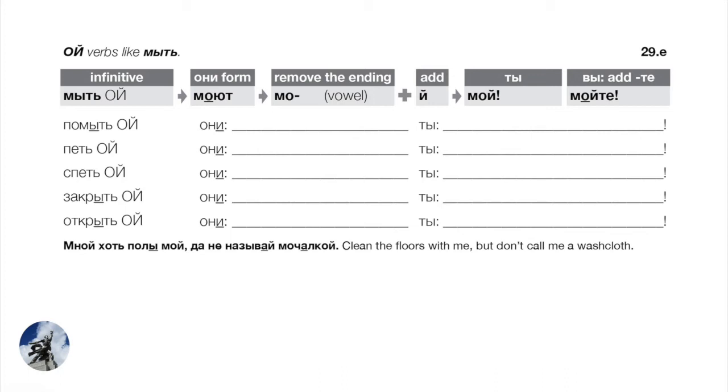We haven't studied the instrumental, but it's used to tell with what we're doing something, to tell about instruments or tools and other things as well. So the idea is you can even wash the floors with me if you like, but don't call me a washcloth, right? Не называй меня мочалкой. So there's another imperative, называй. That's from the verb называть, which is an ай verb, meaning to call someone something.